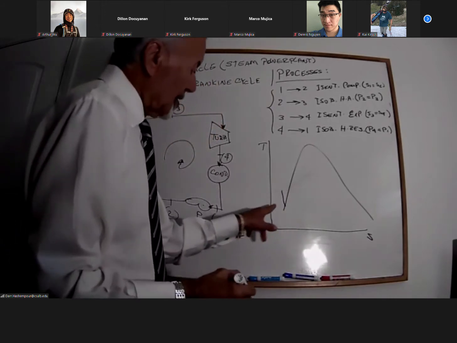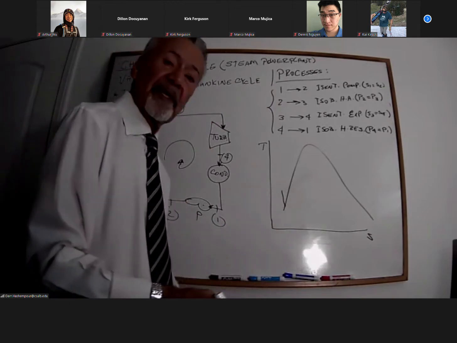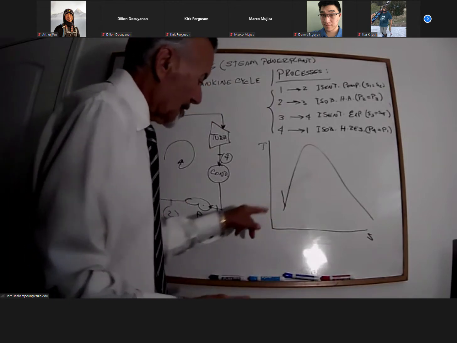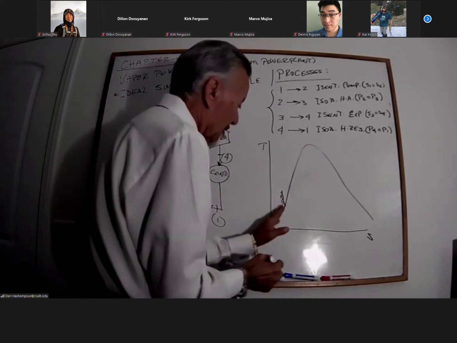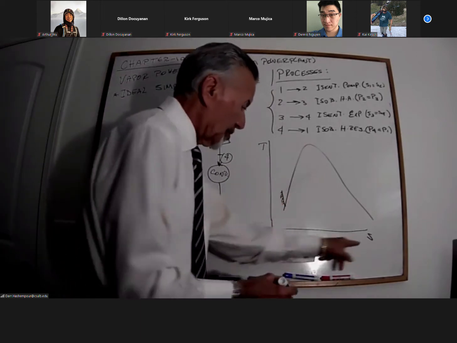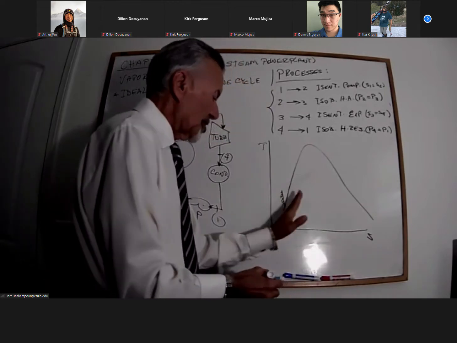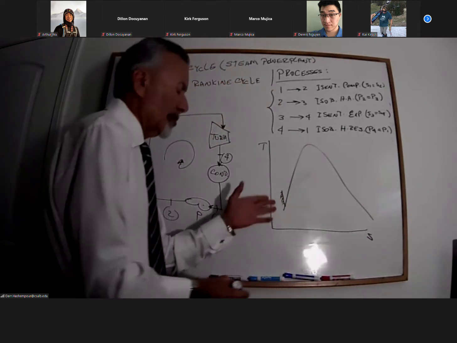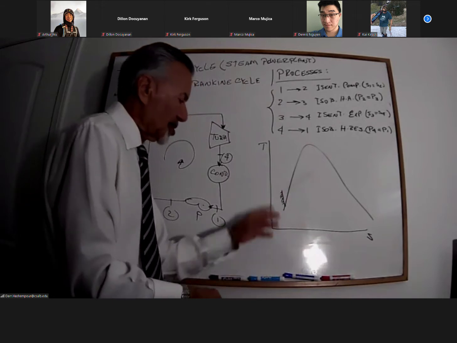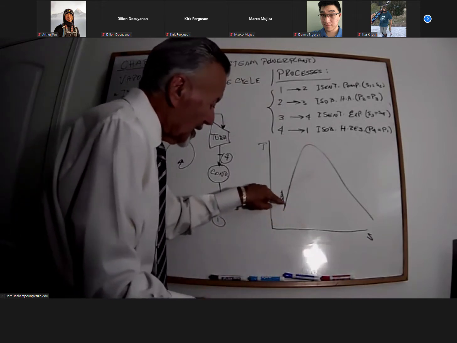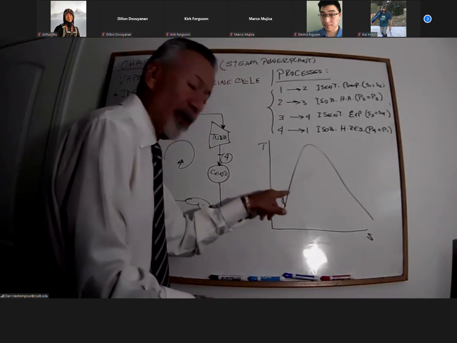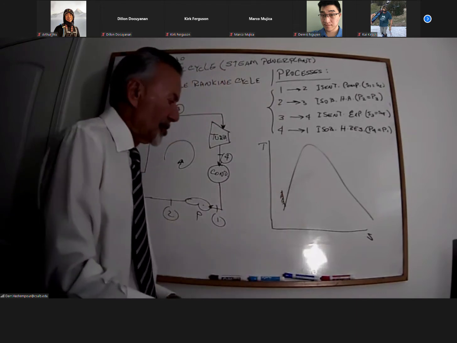As you notice, I just tilted it to the left a little bit because I want you to see it. In reality, this should be perpendicular to the S-axis, but I just tilted it a little bit so you can distinguish that line and the curve, because if I do it straight up, they're so close that it creates confusion.